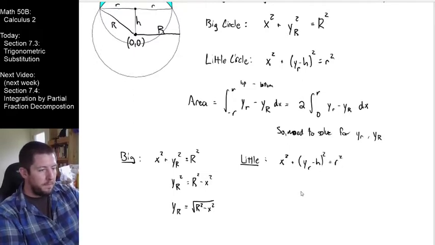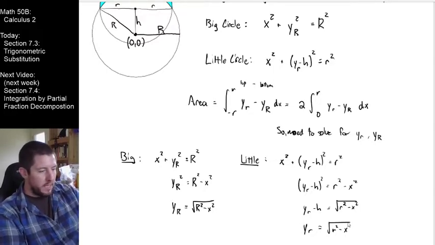But not too bad. Same reasoning. I'm going to ignore the plus or minus because we're only on the top half. And it looks like what I'm getting for y sub r is little r squared minus x squared, just like we got big R squared minus x squared over here. But there's an additional plus h.